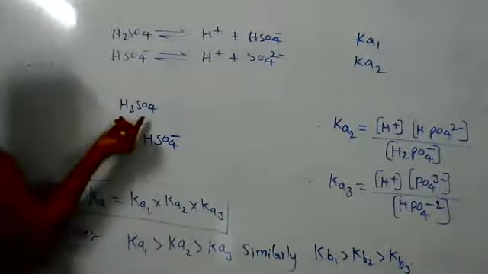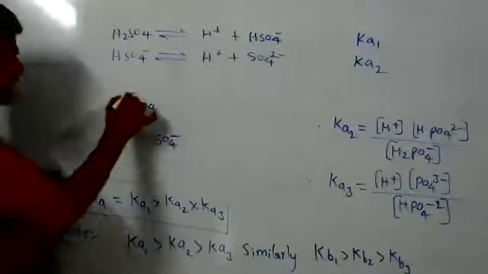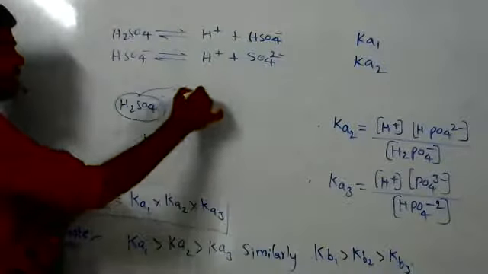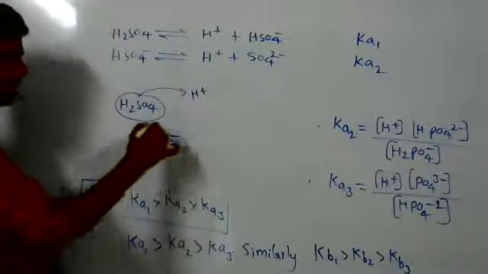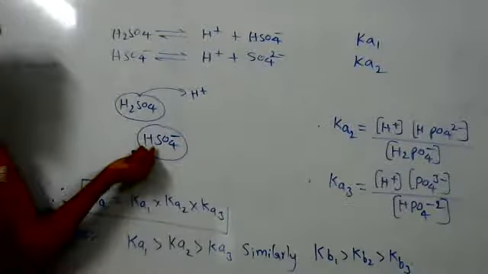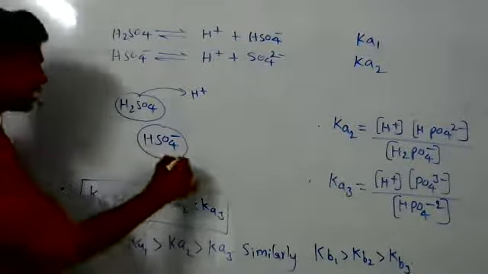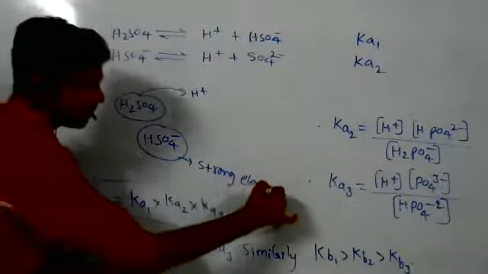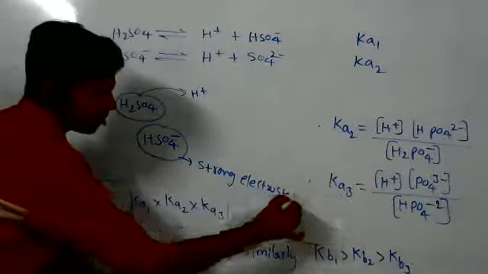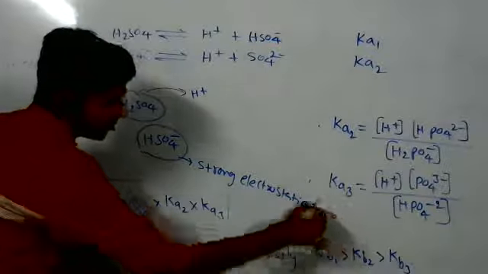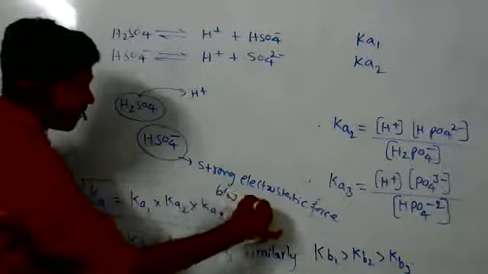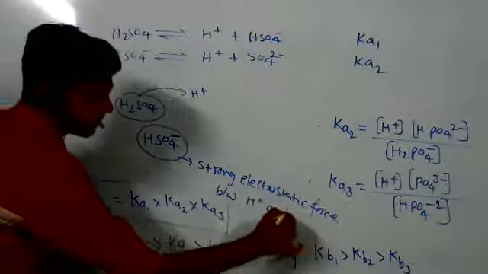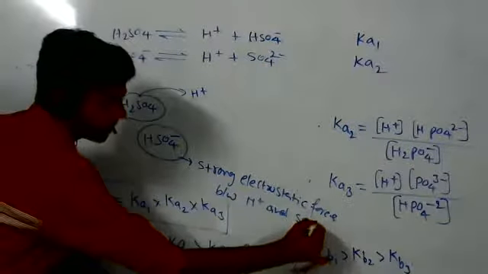So removal of a proton is easy here, meaning this molecule can easily provide H+ ion. But this is difficult because of strong electrostatic force of attraction between H+ and SO4 2-.